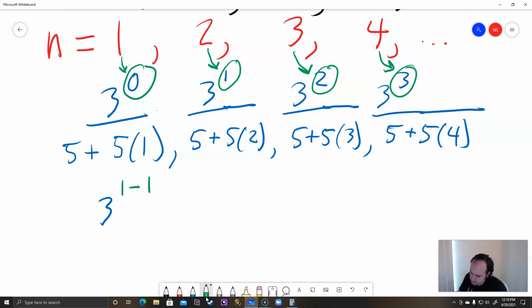the first term. And then for the second term, we're going to have 3 to the 2 minus 1. And then 3 to the 3 minus 1. And then 3 to the 4 minus 1.